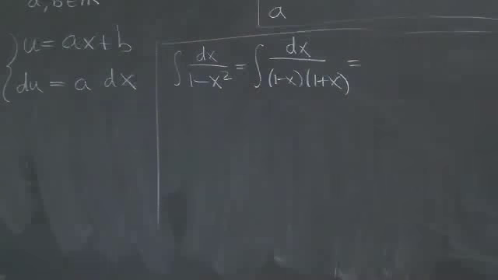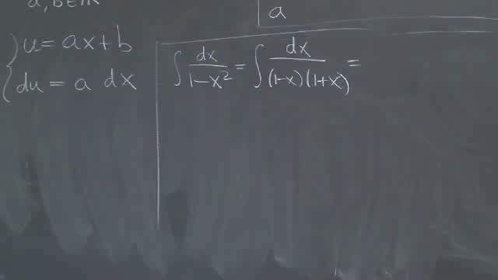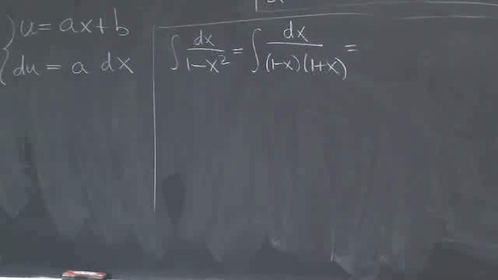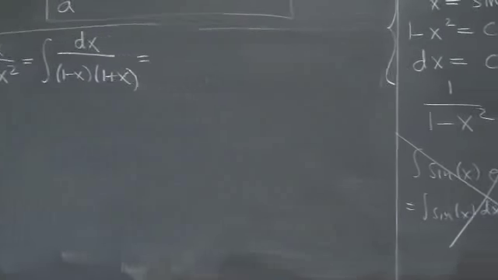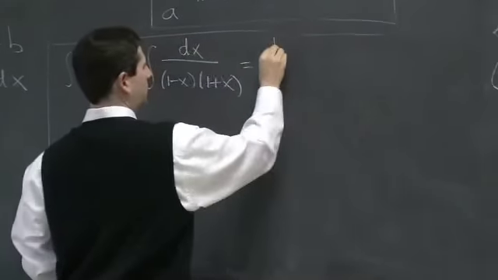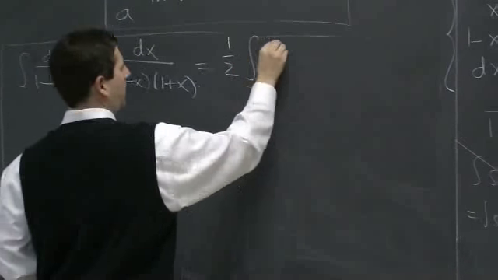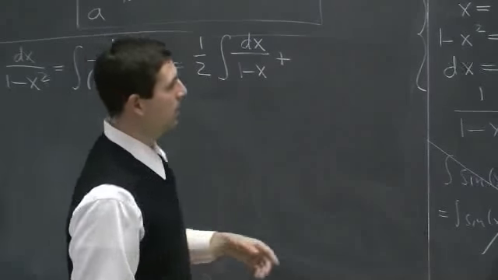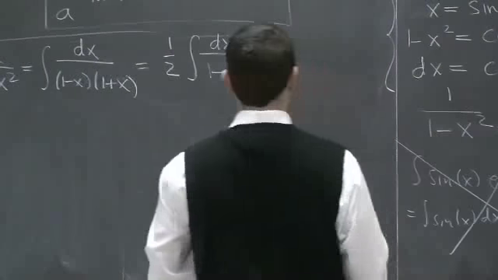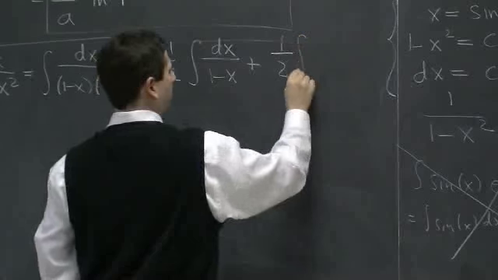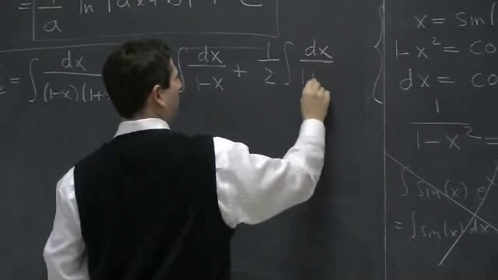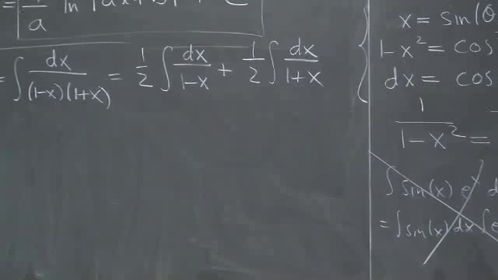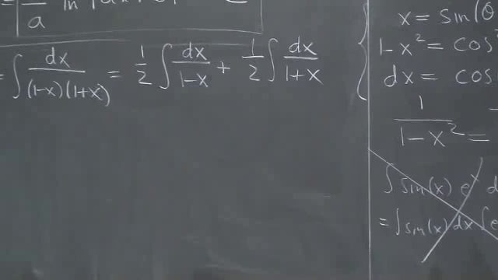The first one, we're going to integrate a half over 1 minus x. Of course, what am I going to do with that half? I'm just going to pull that out, right? I'm not even going to mess with it. So I get a half the integral of dx over 1 minus x plus another half, the integral of dx over 1 plus x. Yay! We can do this.